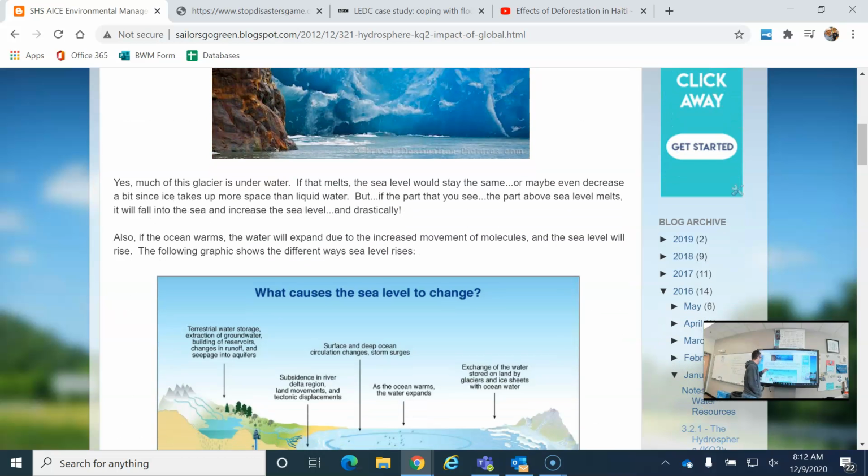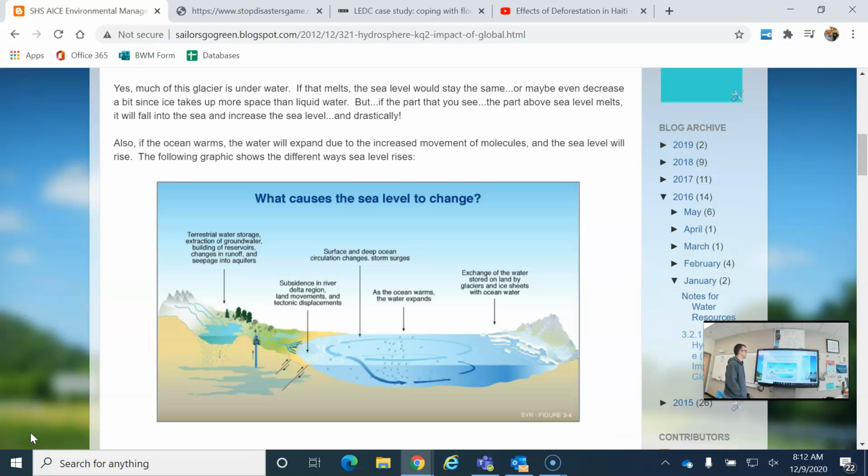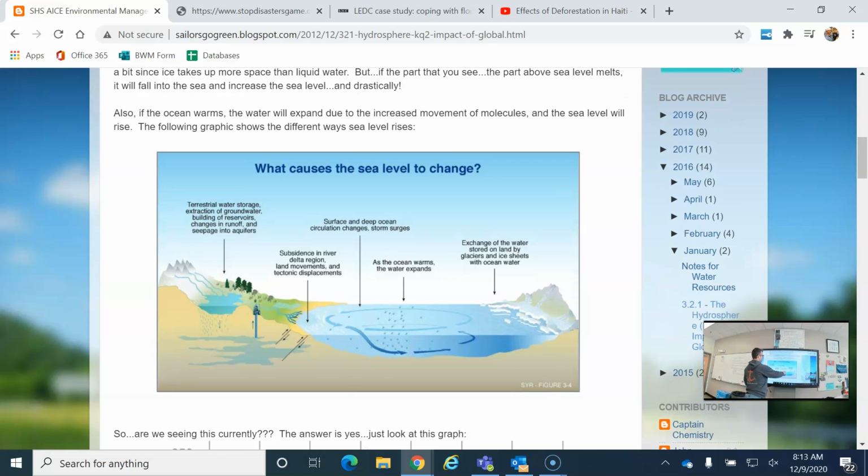Also, if the ocean warms, the water expands due to increased movement of molecules, all right? It's just the way of things, and the sea level will rise. So you can see this graphic here that shows the different ways sea level rises. Obviously, melting of glaciers, an exchange of water stored on land by glaciers and ice sheets that then melts into the water.